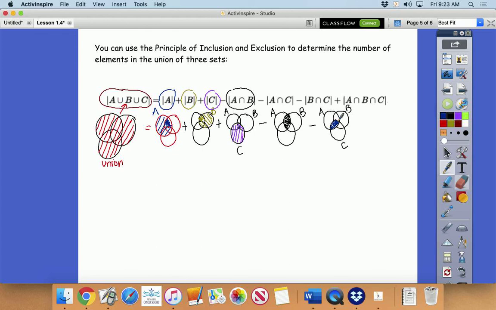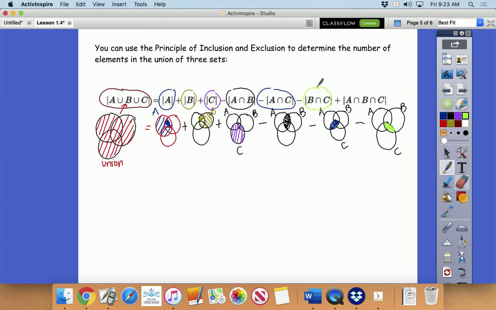And we still have to subtract the intersection between B, C. So let's use green for that. So we're going to subtract A, B, C. We're taking B intersecting with C, which is this part right here, and subtracting that portion.